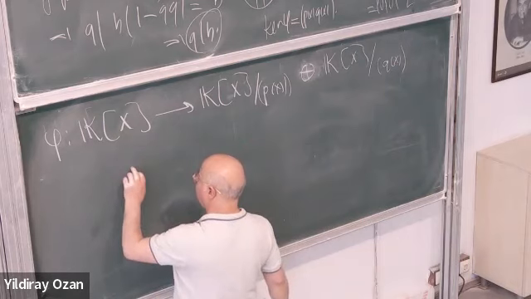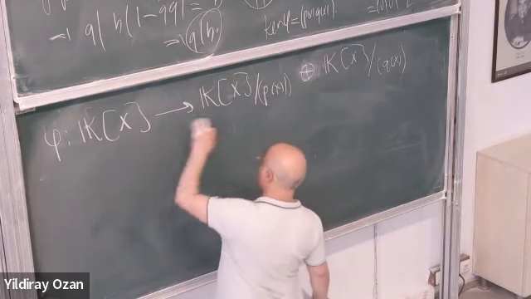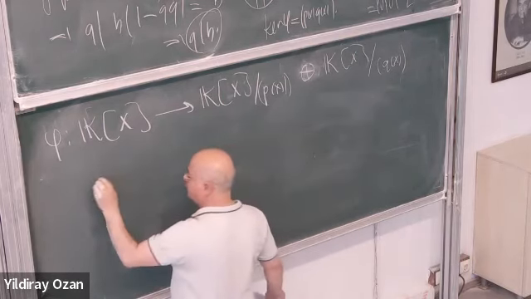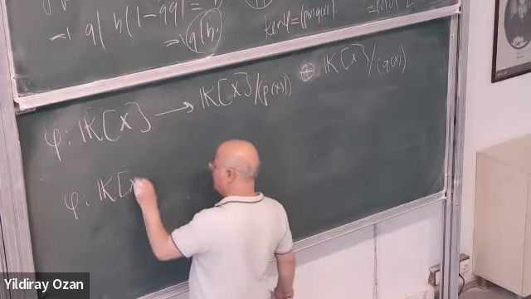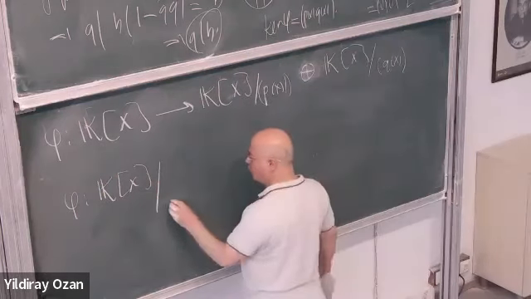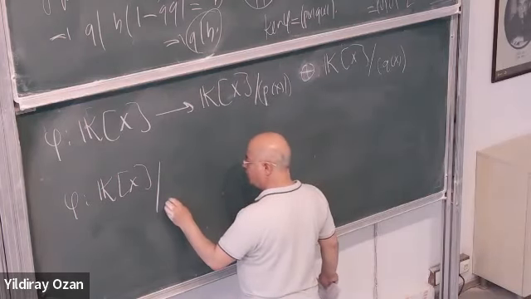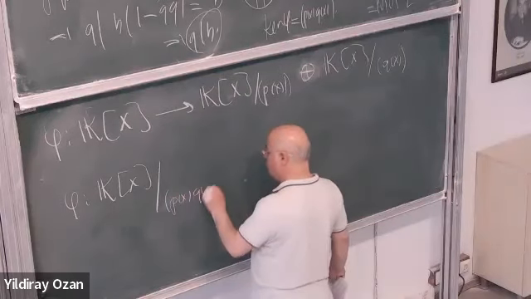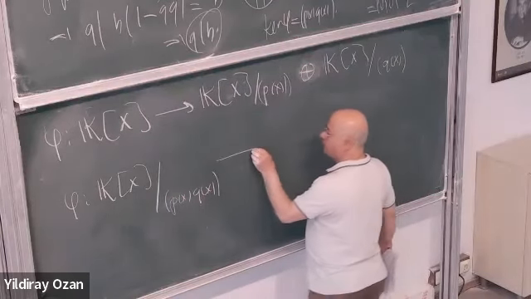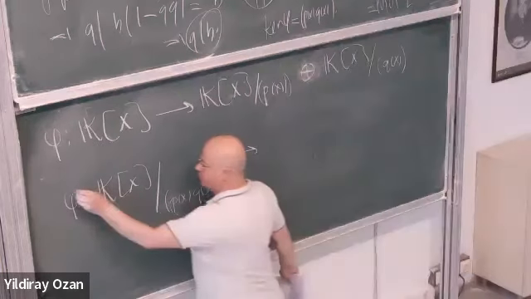Therefore, we have the following. The kernel goes to 0 here. Therefore, this induces a map from this divided by its kernel. What is the kernel? It is just the ideal generated by Px Qx. And then it induces the map here.